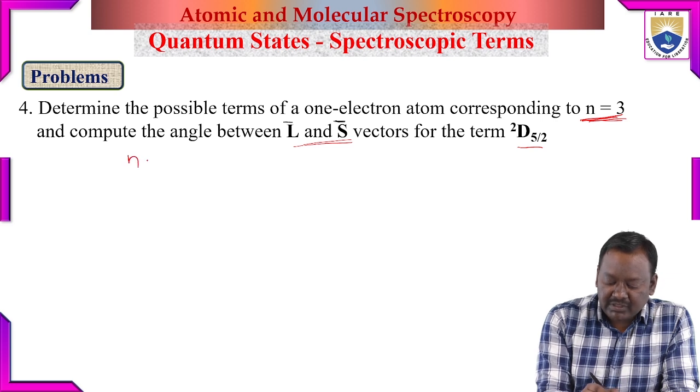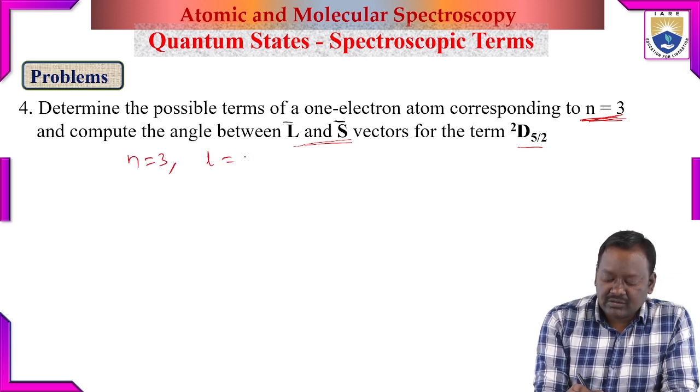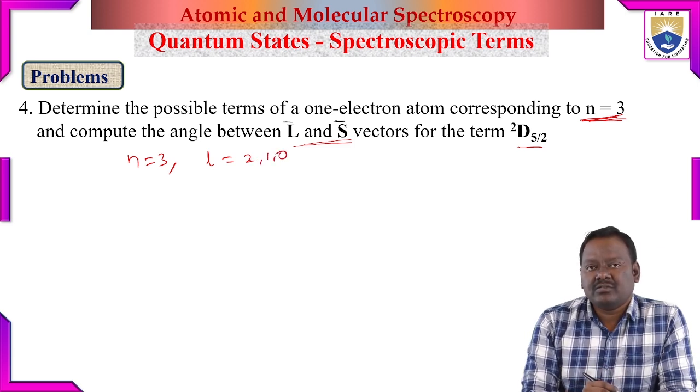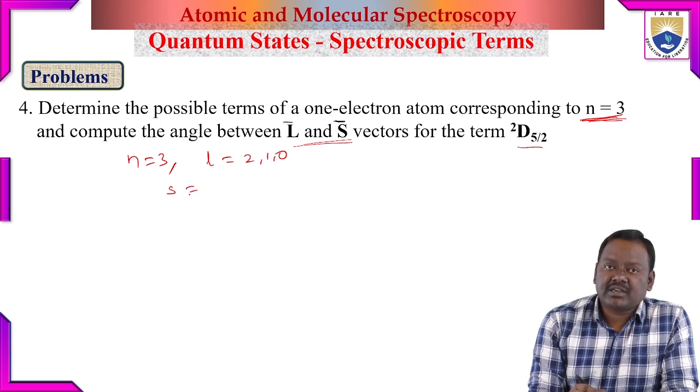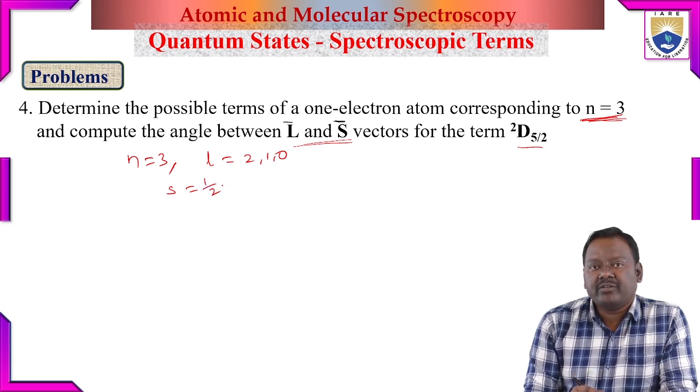So for n equal to 3, you can have L values only 2, 1, 0, and the S value, as there is only a single electron, the spin quantum number S will be 1 by 2.